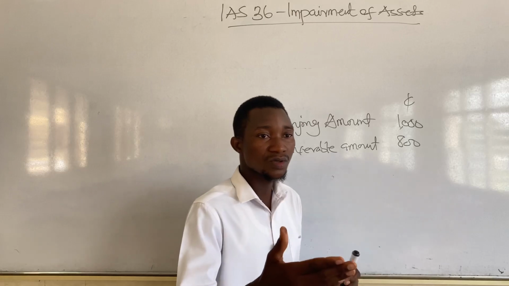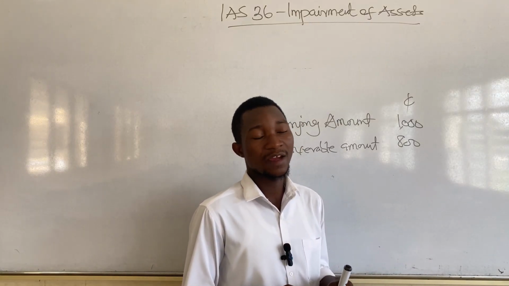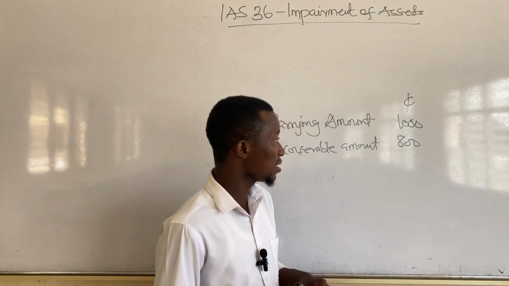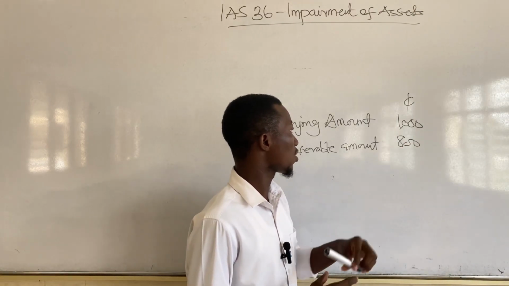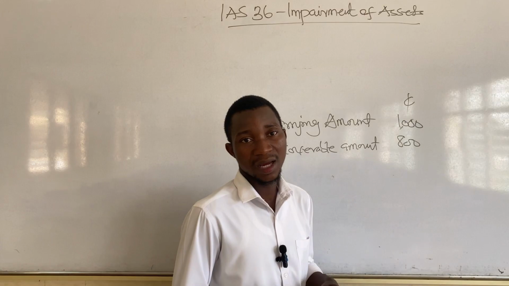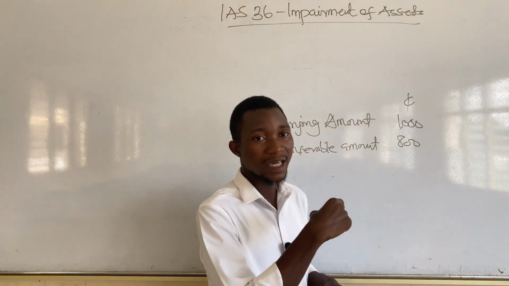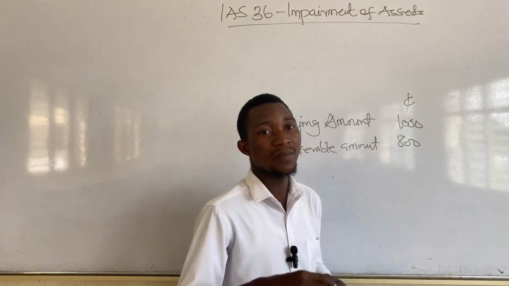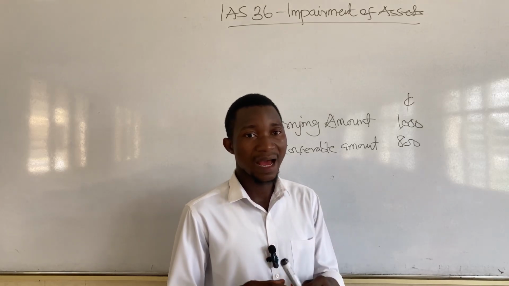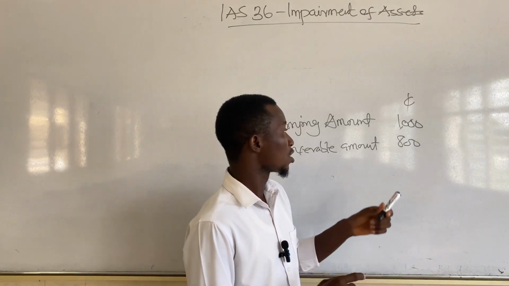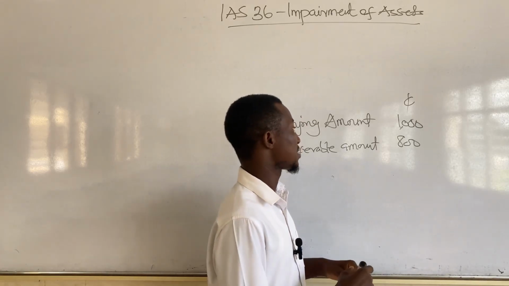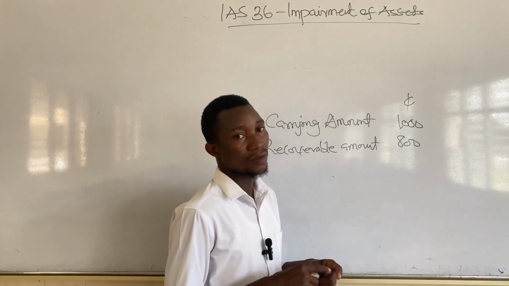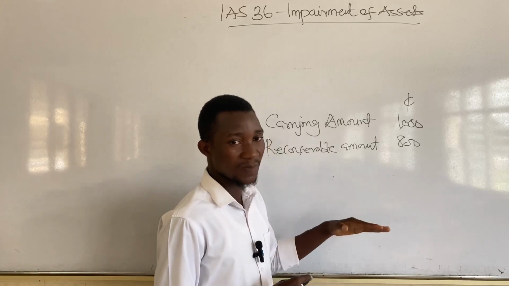Or let's say when we want to sell the asset at the end of its useful life, the proceeds that we will get is 800. Then why should we deceive ourselves to recognize 1,000 as its carrying amount? That is why this standard came in to say that we should test for impairment for some particular assets at the end of every year to determine the impairment loss, so that the asset should not be recognized above its recoverable amount. So these are some terms I will explain along the line.